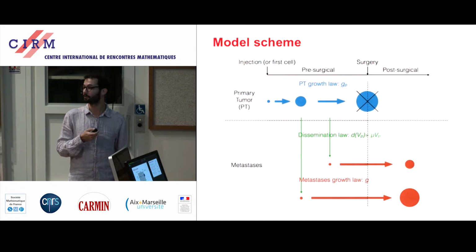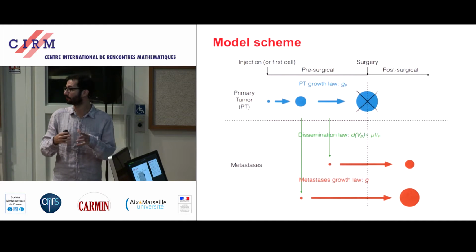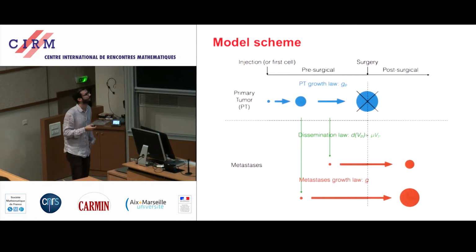Usually, we are only interested here in the description of the growth of the volume of the tumor. And then it grows and it can disseminate new tumors, some secondary tumors, according to a dissemination law that depends on the volume, and that will be assumed here to be proportional.